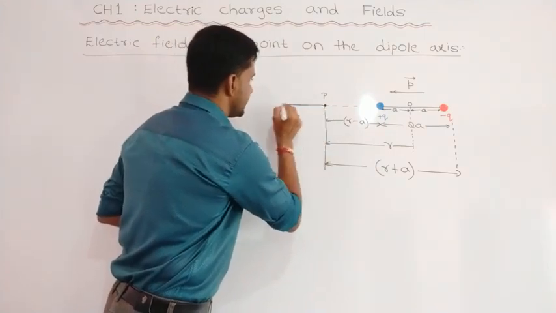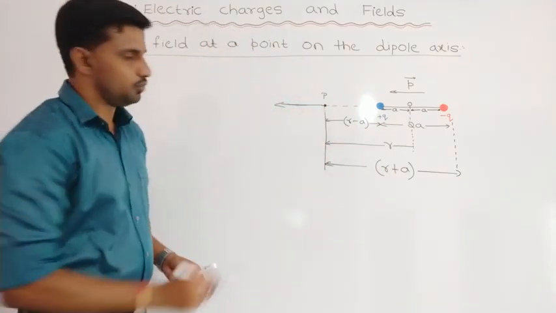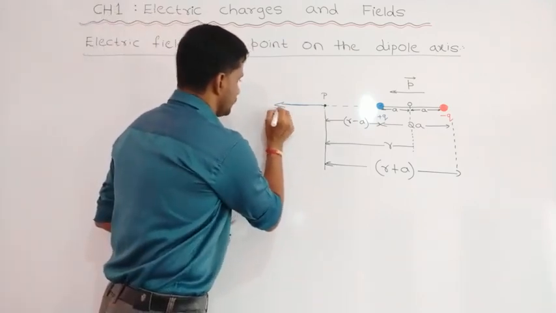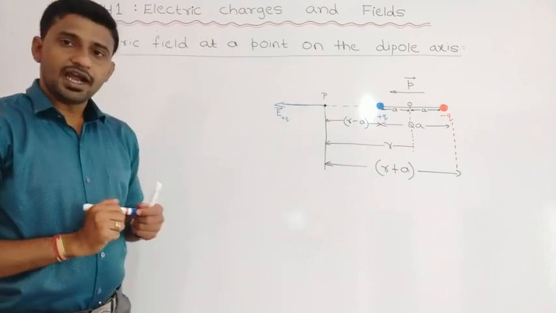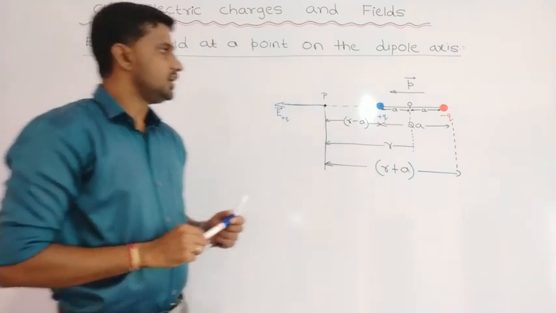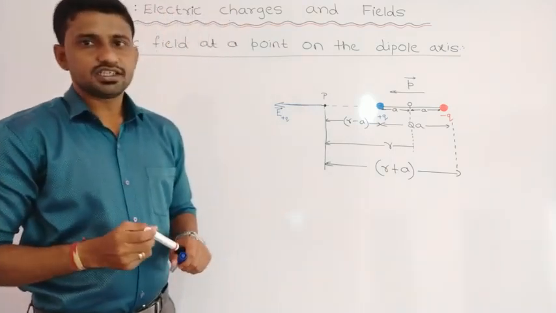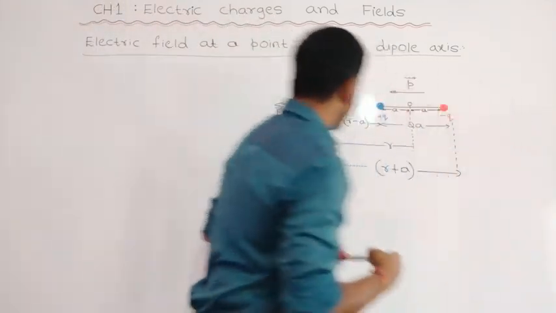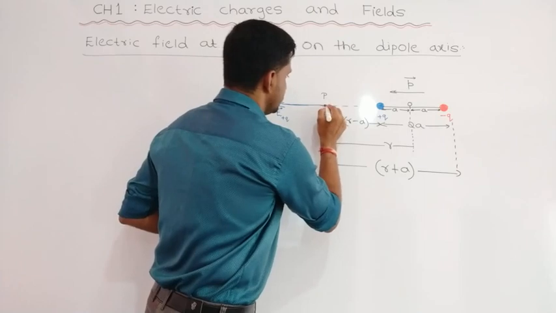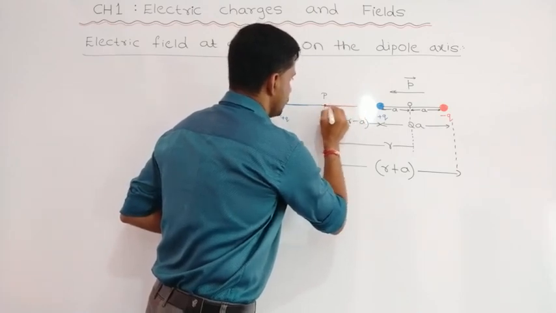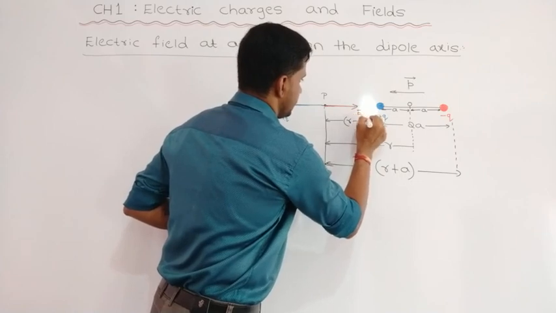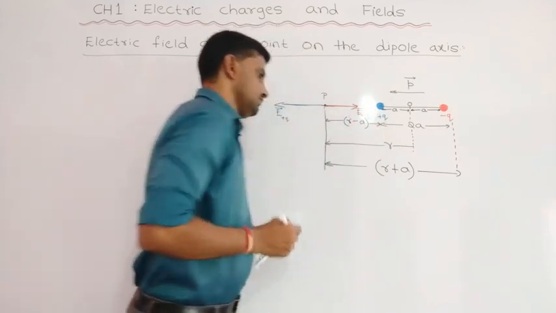That one I am taking as E plus Q vector. And we know that the electric field direction due to a negative charge is always inward. So the direction of the electric field at point P is like this, the inward direction. That one I am taking as E minus Q vector.